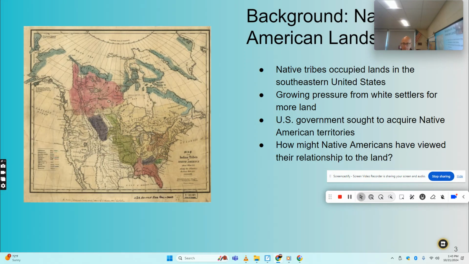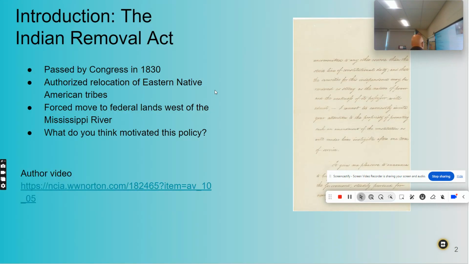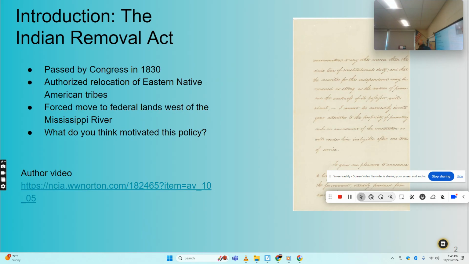The Indian Removal Act is going to force them to move west of the Mississippi River, and most of the concentration is going to be moving west to what today would be the Oklahoma Territory. So we're talking about a venture from the American Southeast to the central portion of the country, in what today is Oklahoma.